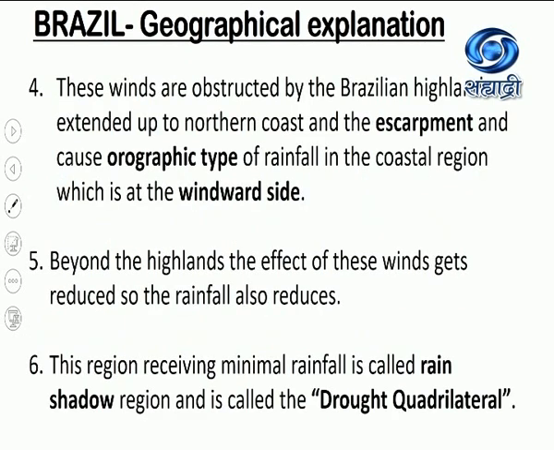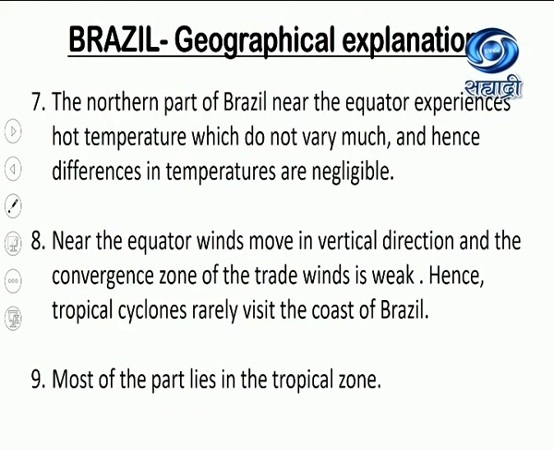These winds are obstructed by the Brazilian highlands extended up to the northern coast and the escarpment, and cause orographic type of rainfall in the coastal region, which is on the windward side. Beyond the highlands, the effect of these winds gets reduced so that the rainfall also reduces. This region receiving minimal rainfall is called a rain shadow region and is called the drought quadrilateral.